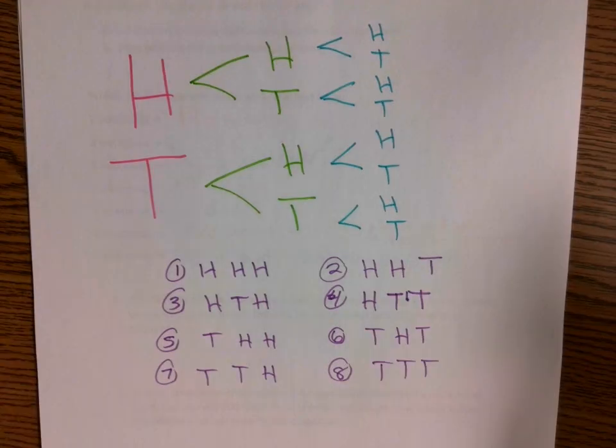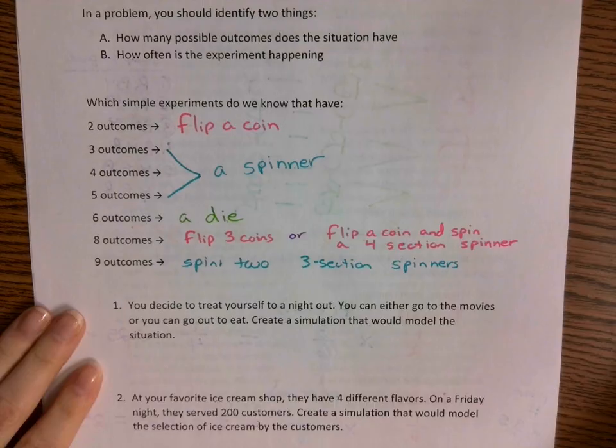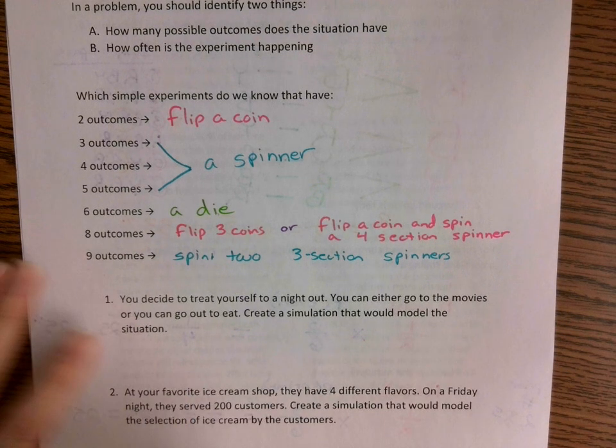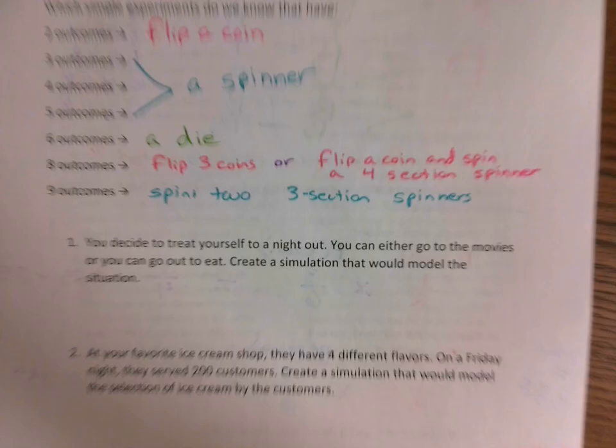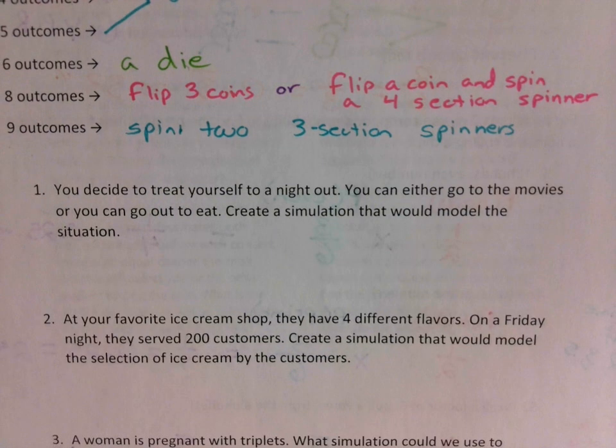All right, so let's take a look here. You decided to treat yourself to a night out. You can either go to the movies or you can go out to eat. You're going to create a simulation that would model the situation. So like I said before, you need to identify how many possible outcomes the situation has, and then you need to identify how many times the event is happening.